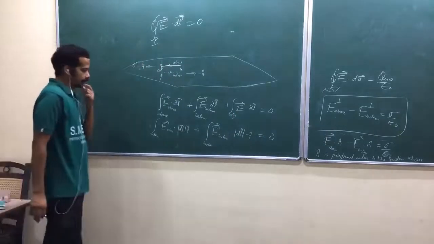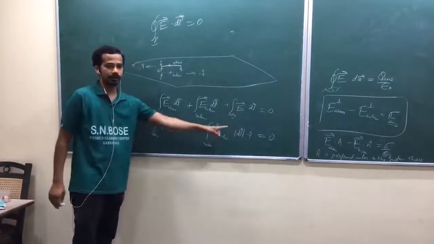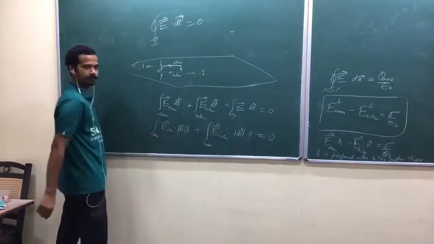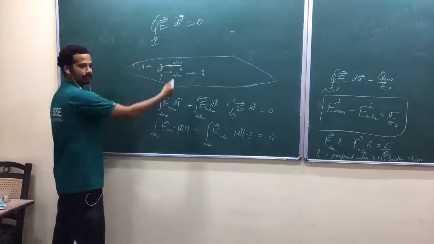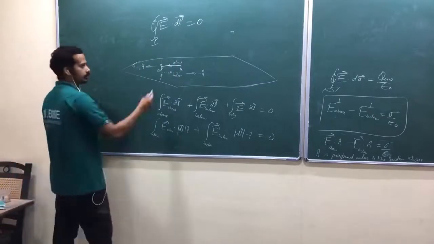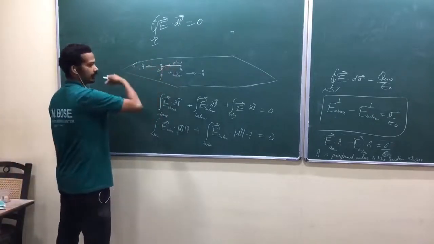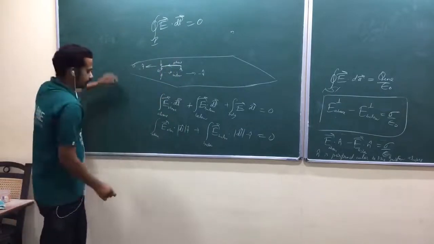Is that okay? So now look here, you have one more negative sign here. This dot product will choose the parallel component of the electric field above. Why? You are taking the dot product of the electric field with a unit vector parallel to the surface. So that's why.